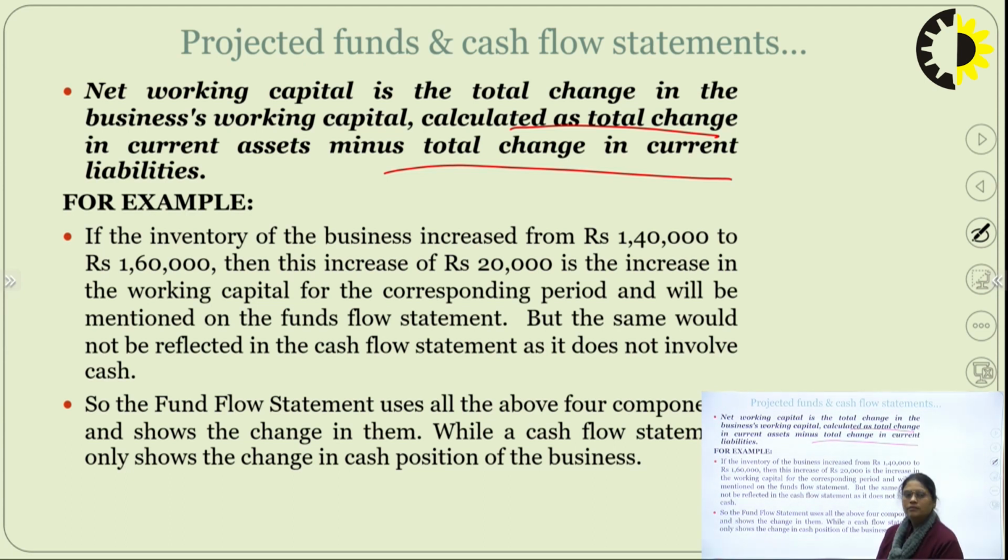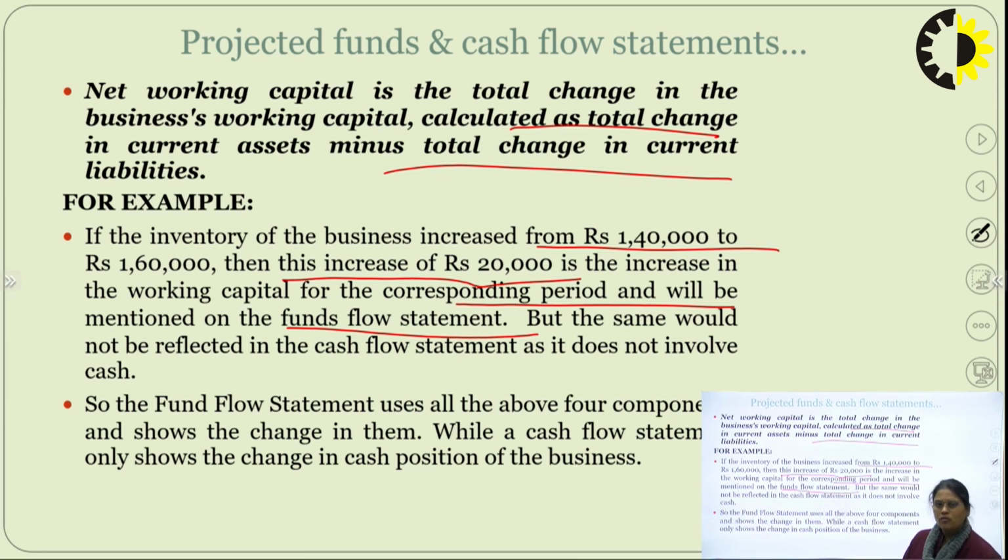For example, if the inventory of the business increased from 1,40,000 to 1,60,000, then this increase of 20,000 is the increase in the working capital of the corresponding period and will be mentioned in the fund flow statement.